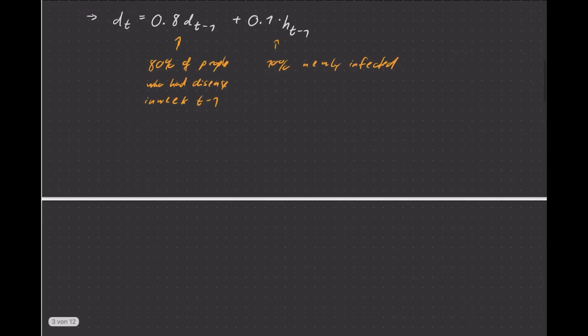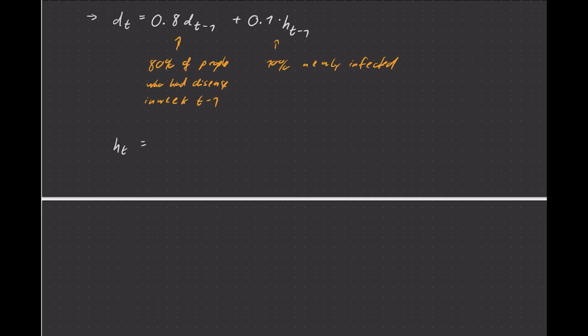And of course, we can devise a similar equation for the number of healthy people. How would that develop? Well, 20% of the formerly infected people are cured.